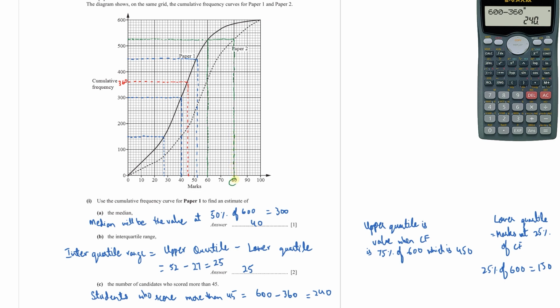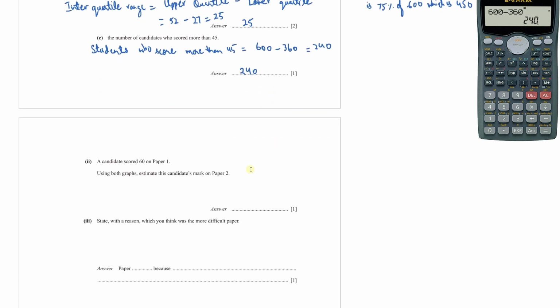So if someone scored 60 on paper 1, the estimate for their score in paper 2 is 80.